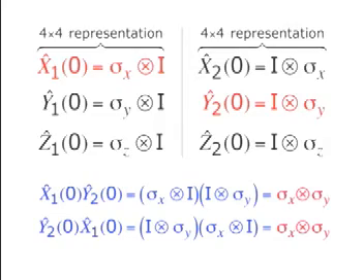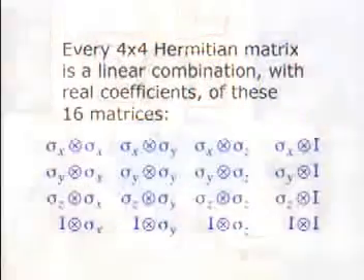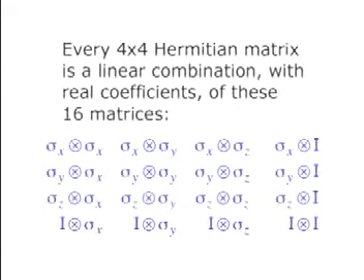By the way, like in the single qubit 2 by 2 case, we need never work with the actual components of these matrices. Every 4 by 4 Hermitian matrix can be expressed as a linear combination of tensor products of the form sigma cross sigma, and sigma cross 1 and 1 cross sigma, and 1 cross 1, which is the 4 by 4 unit matrix.